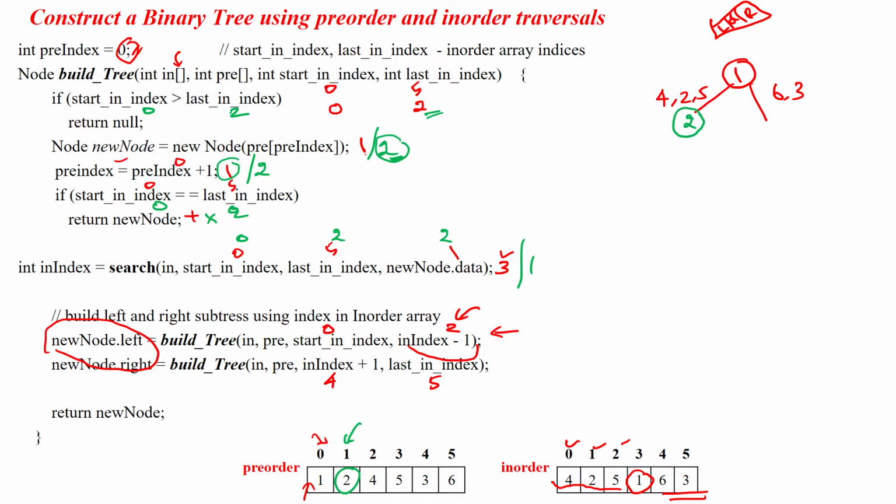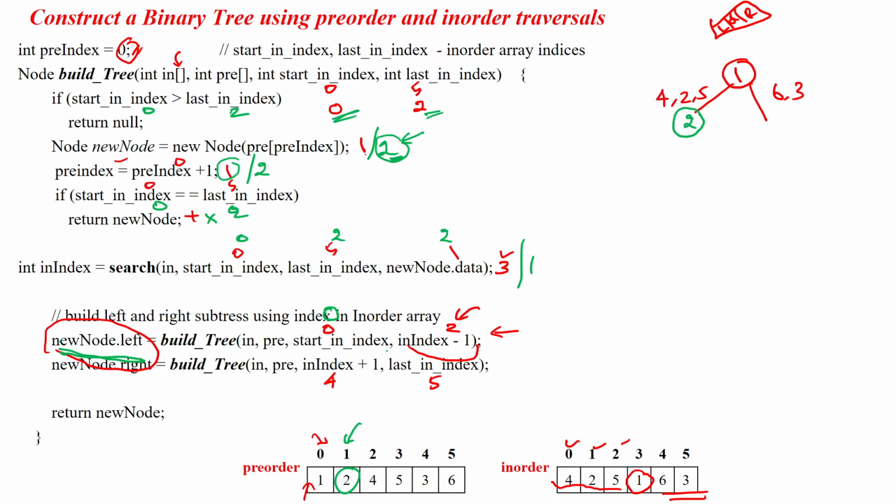And here again for the new node, the new node is 2, and for 2 we have to find out the left node, new node dot left. For that, what is the start index? The start index is 0.